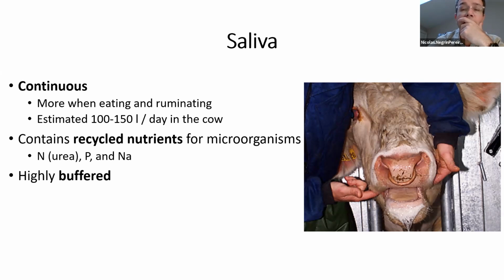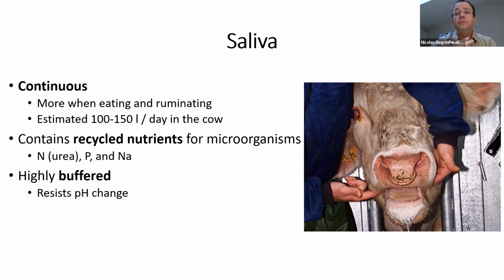Saliva in cattle is also highly buffered, mainly a carbonate-based buffer. And remember, a buffer is a substance that contributes to resistance to drastic changes in pH.